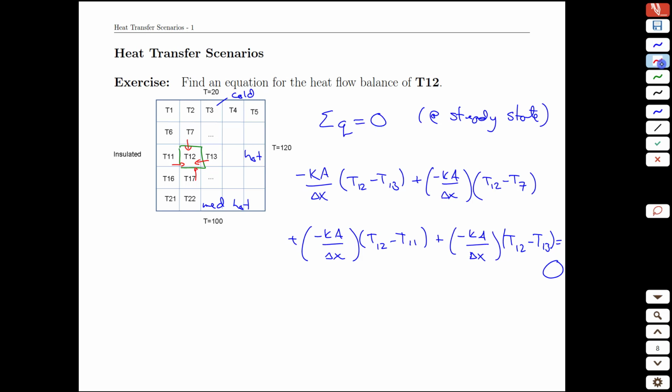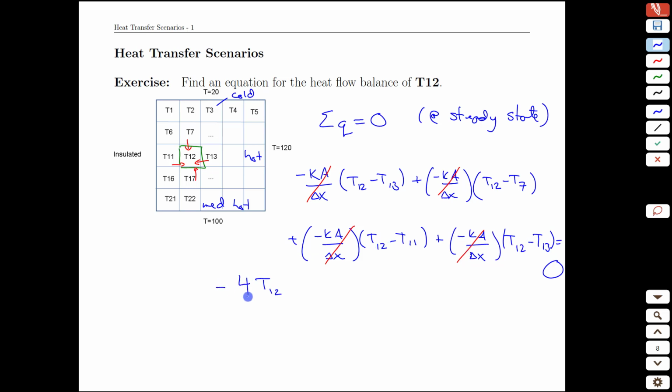The nice thing about using convection all the way through is that all of these constants go away if we have this all equal to 0, and then we can start grouping terms. It's an arbitrary choice here, but I'm going to keep the negative sign, so we end up with negative T12. And notice we also have another negative T12 here, another one here, and another one here.